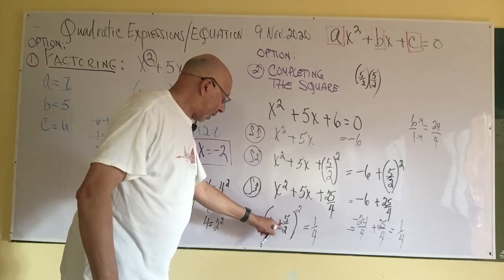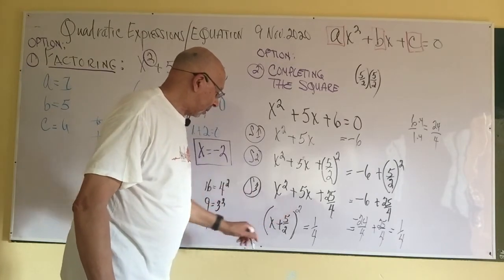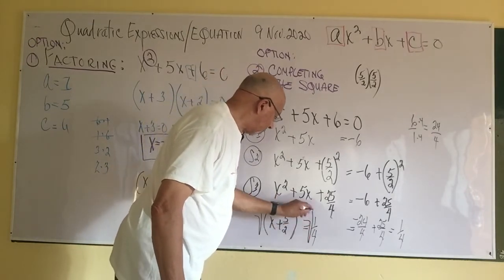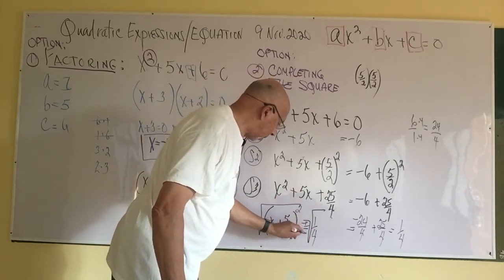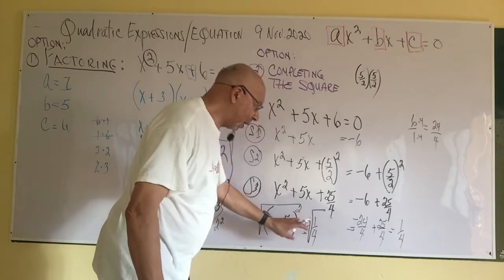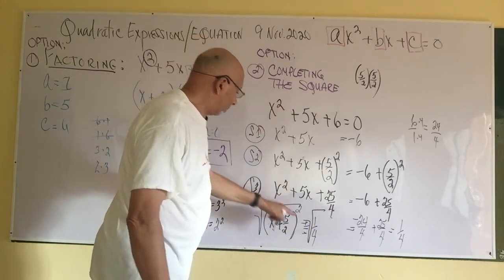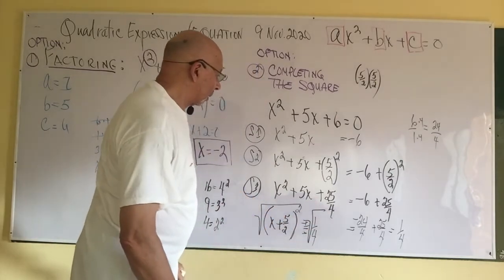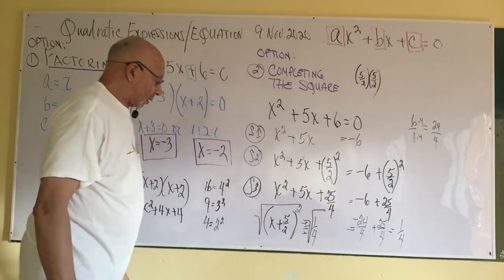X plus 5 over 2 squared, if I take the square root of this and take the square root of this, this is where I get my plus or minus. So my two answers are going to come from the square root of this right-hand side. So now let me say this.